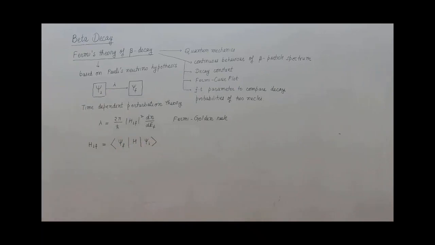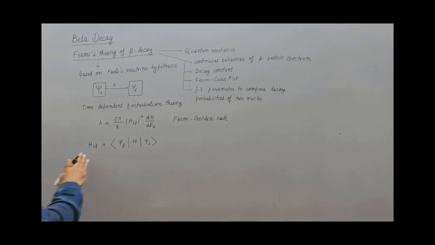Now what is this? This is the Hamiltonian. This HIF represents the Hamiltonian of interaction between the initial and final state.